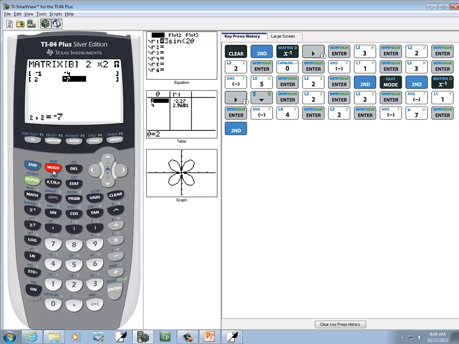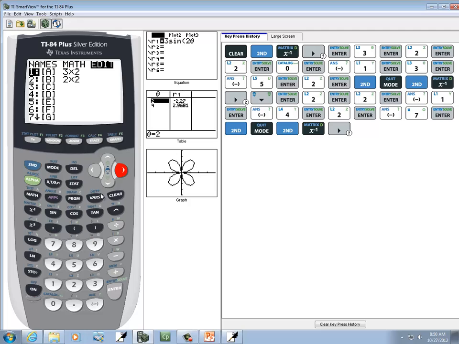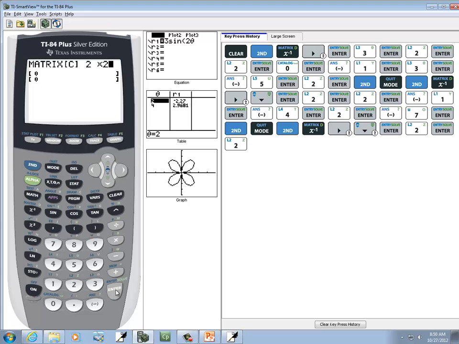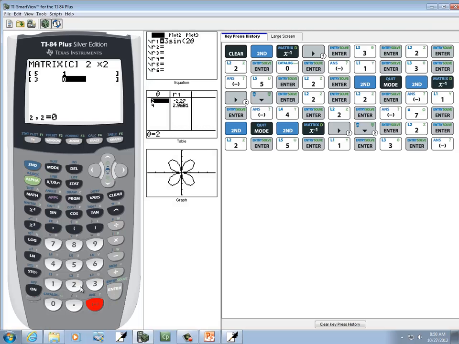Exit out. Go back in my matrix menu, go over to edit, down arrow to C, enter on it. It's 2 by 2. And we got 5 enter, 1 enter, 3 enter, negative 2 enter.